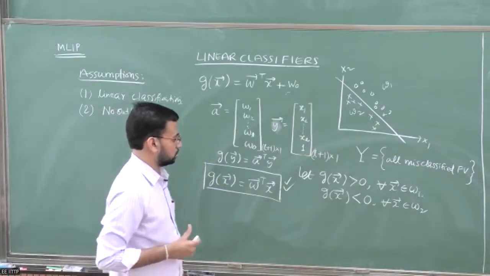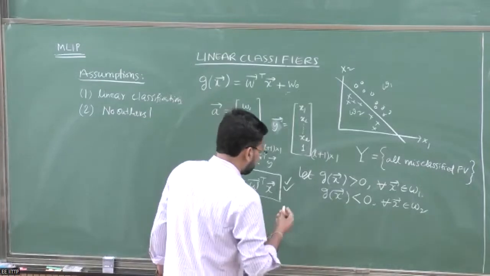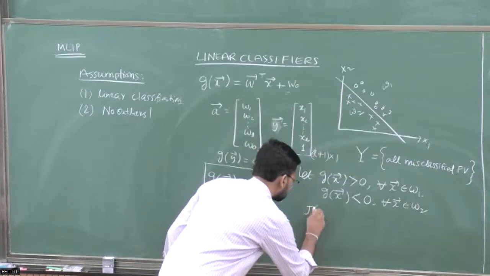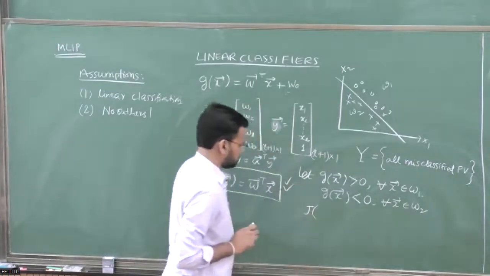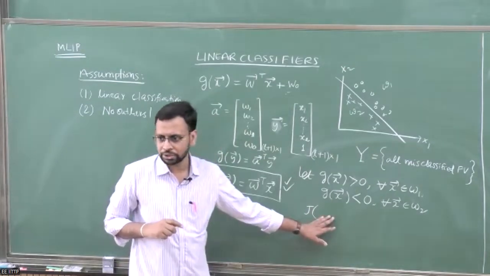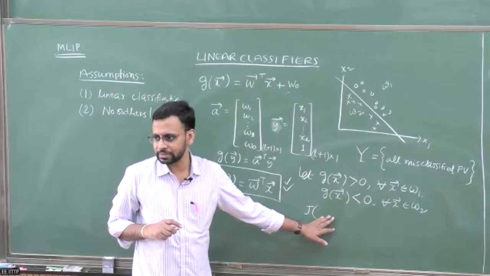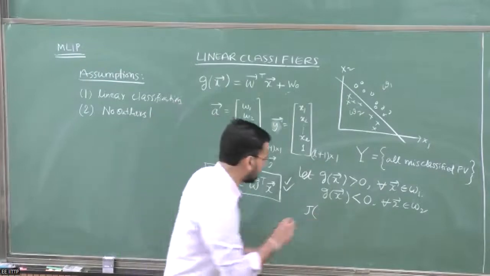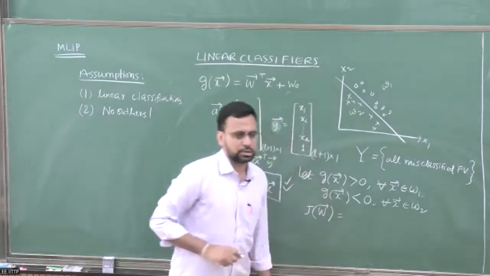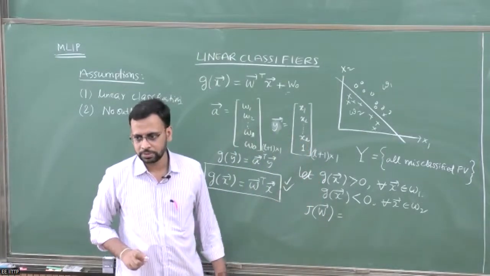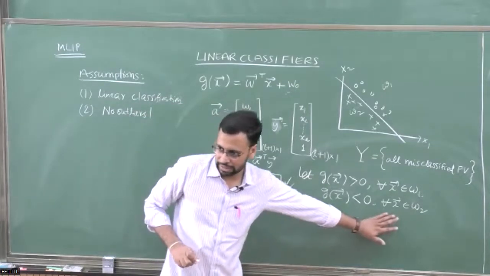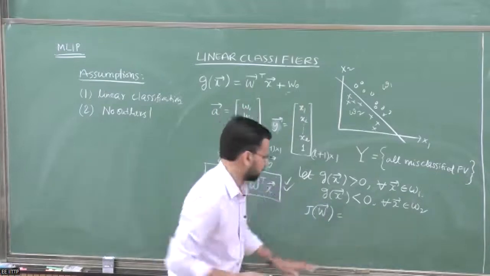Now, let the function that we define here be j of, what is our parameter here that you should change? What are the parameters for us? W. So I should write my loss function in terms of j of w bar. Okay, this is what I should write, the loss function. So maybe I will write the loss function first, and let's see an intuition for that.